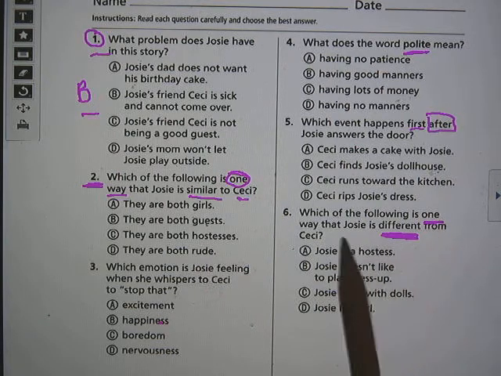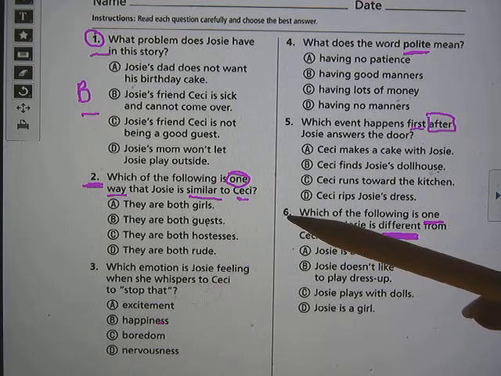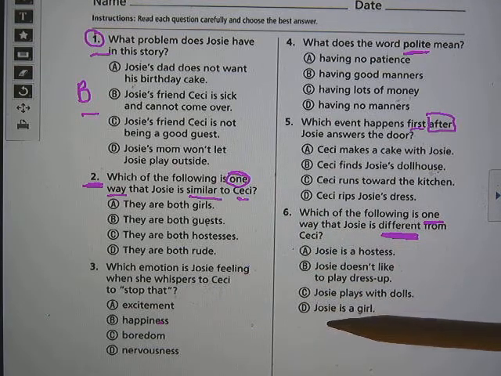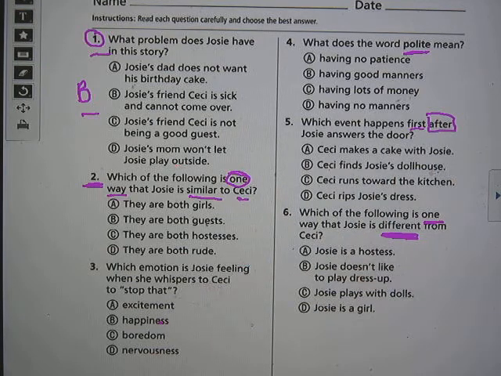So one way Josie is different. B, Josie doesn't like to play dress up. C, Josie plays with dolls. D, Josie is a girl. So how are they different? Again, you're writing 6 and you're coming up with the correct answer choice.